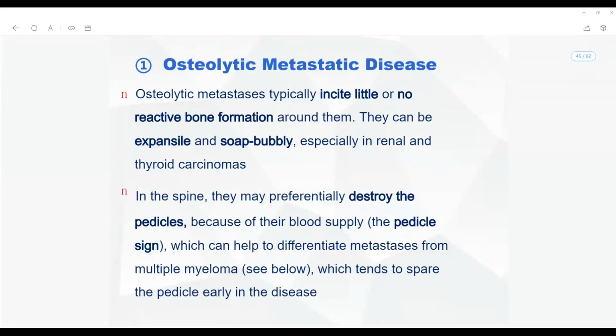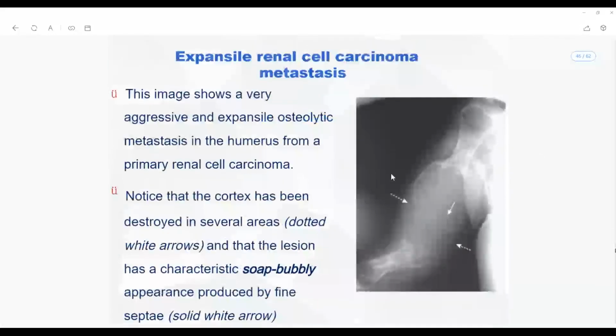Okay, so how does it actually look like? You see here, there is a shaft of the humerus. Obviously we are looking at the humerus, and what I can see here is very, very thinning of the cortex. I can see that the whole trabecular density has been lost, but still there is a very thin covering of the periosteum around the area.